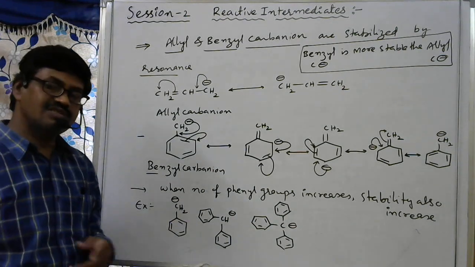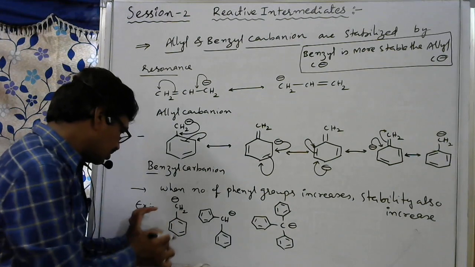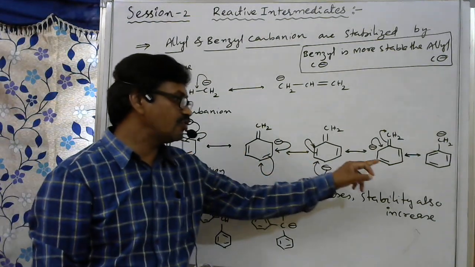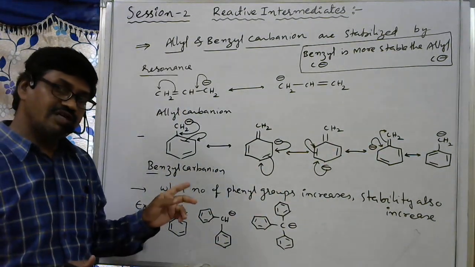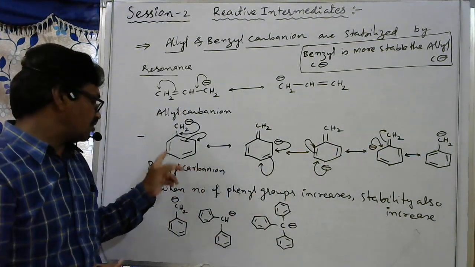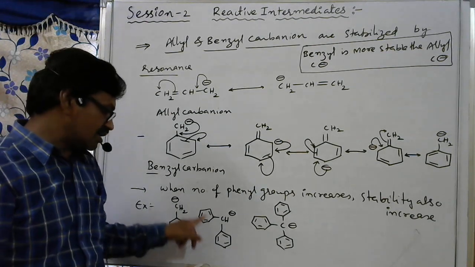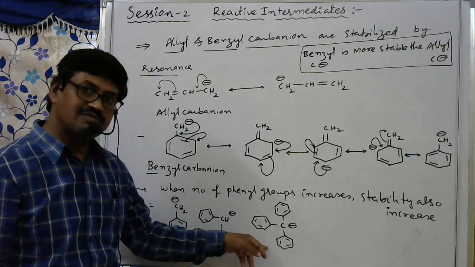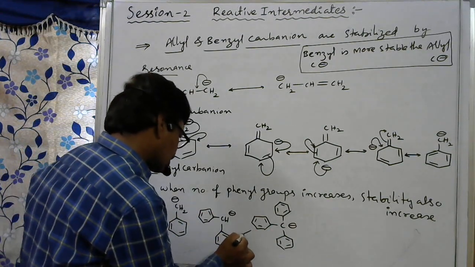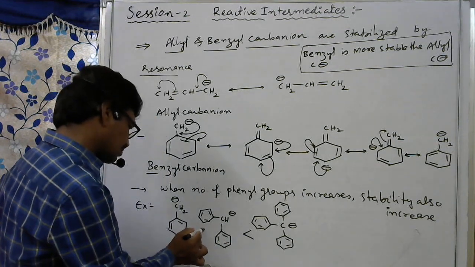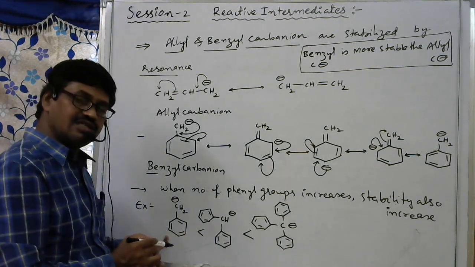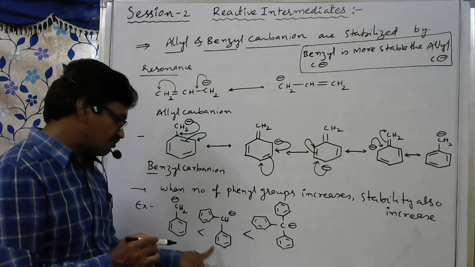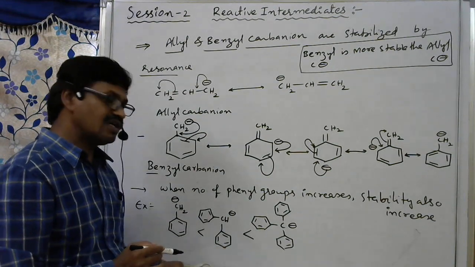So among these three, which is more stable? If it is only one phenyl ring, there are 5 resonance forms possible. Two phenyl rings means the number of resonance forms becomes double. Here the number of resonance forms becomes triple. So this is more stable than this one, and than this one. So the benzyl carbanion is less stable than the diphenyl carbanion, and the diphenyl carbanion is less stable than the triphenyl carbanion.